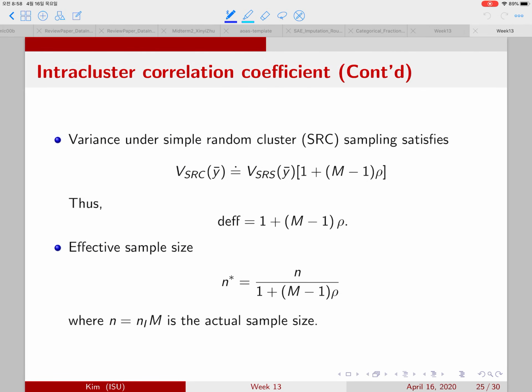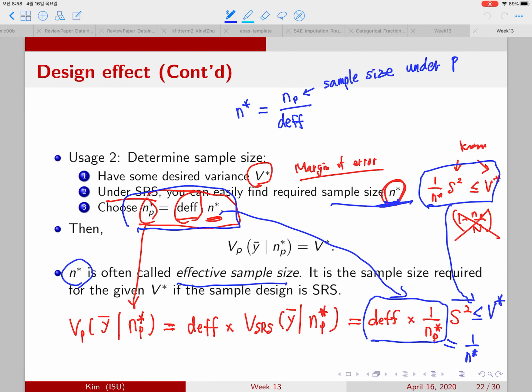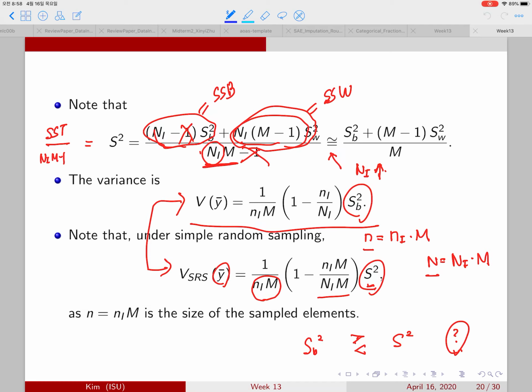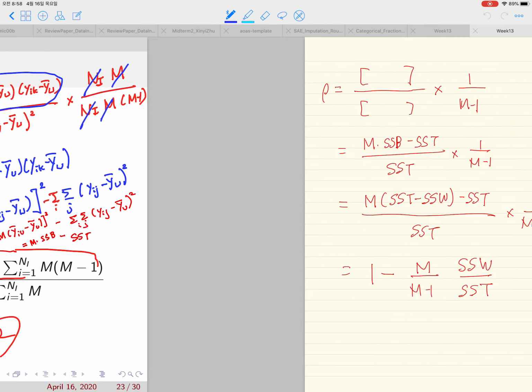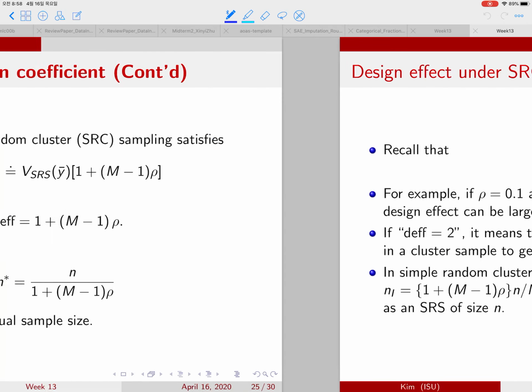So now we can use this to express the variance form. What we want to do is, this is the main result, right? This is the variance on the cluster sampling. So we want to express SB square in terms of the intra-cluster correlation. So how to do that?